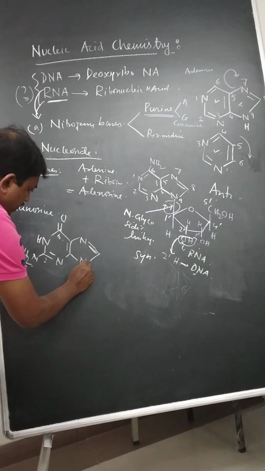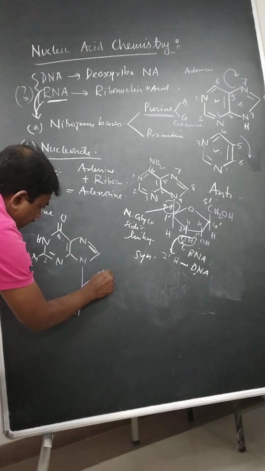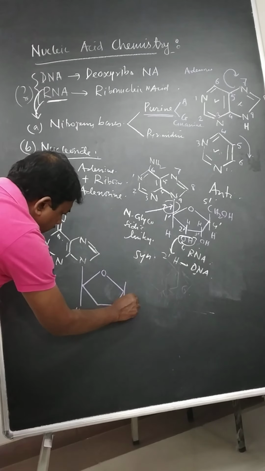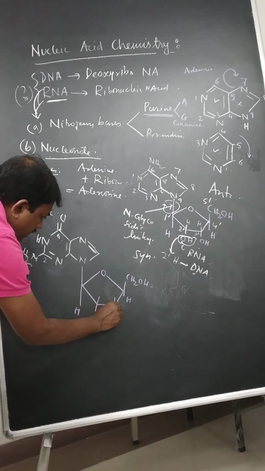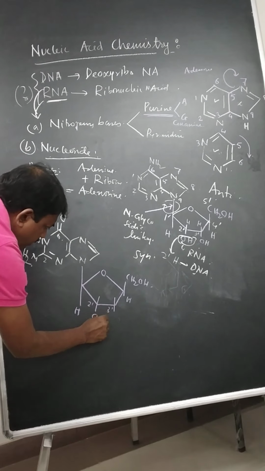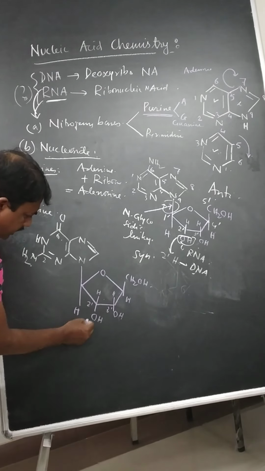And here is the glycosidic linkage. In the glycosidic linkage, it is the ribose, H, CH2OH. These are the 2 prime position. This is the 3 prime position. OH and OH. In case of RNA, OH is there.